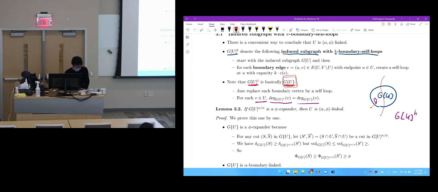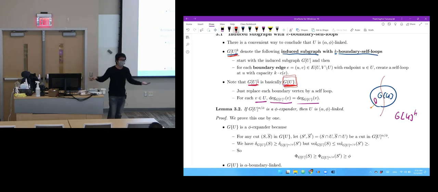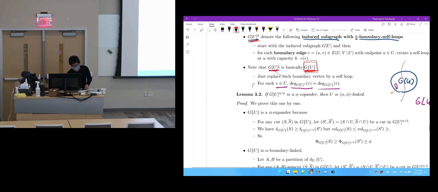When you look at the degree, if k is more than 1, it means you put more importance on the boundary than usual. If k is 0, it's just an induced subgraph and you forget about the boundary. If it's 1, it's really just like the graph with the boundary. If it's more than 1, you make it more important.